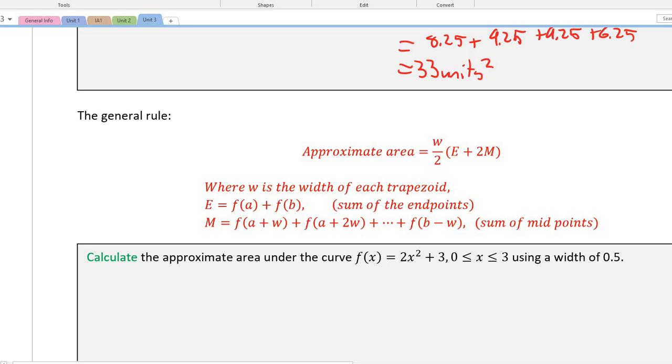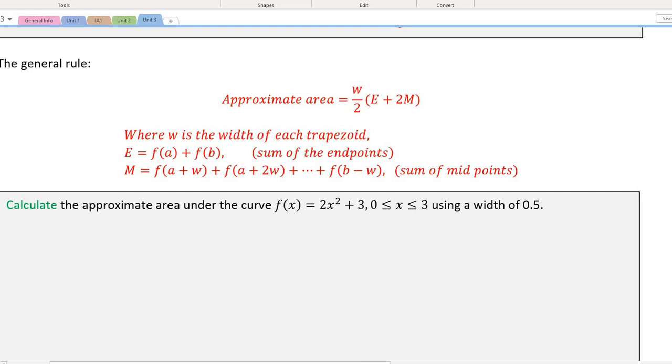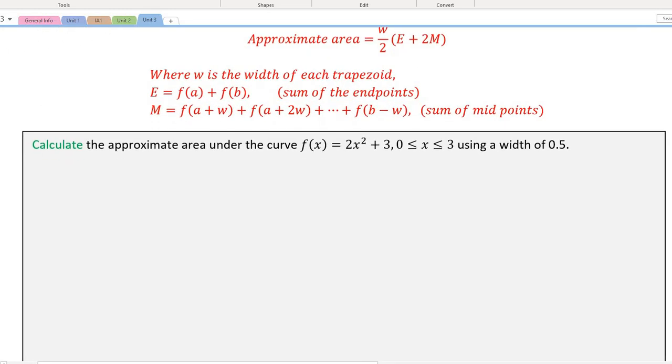We'll do this example together, and then I'm going to get you guys to have a crack. So, calculate the approximate area under the curve, f equals 2x squared plus 3, from 0 to 3 using a width of 0.5. So, our area equals width over 2 times E plus 2M.